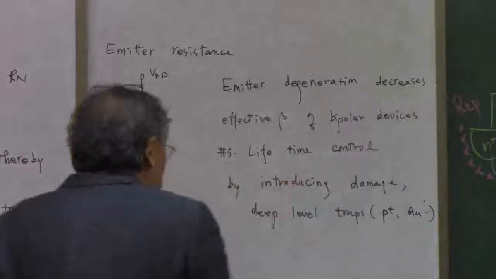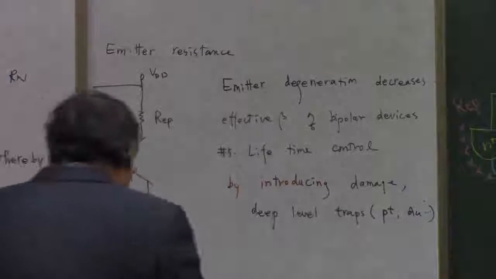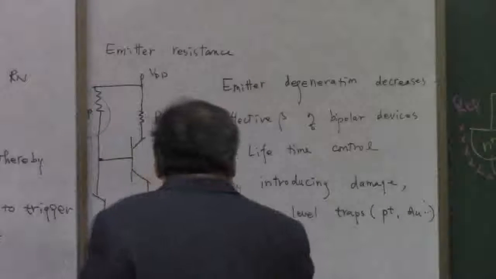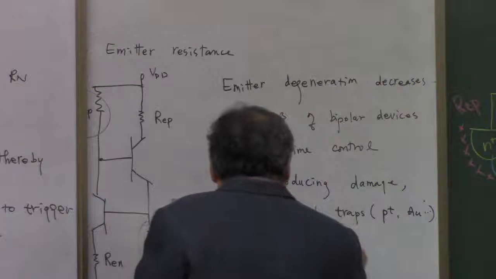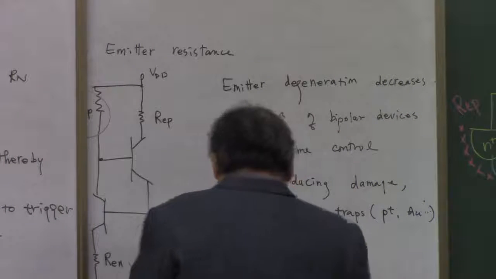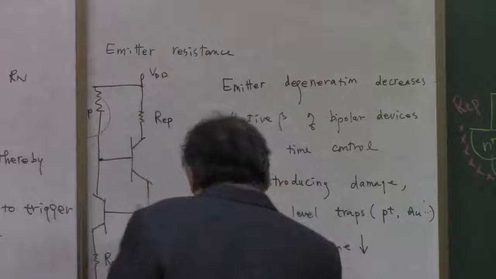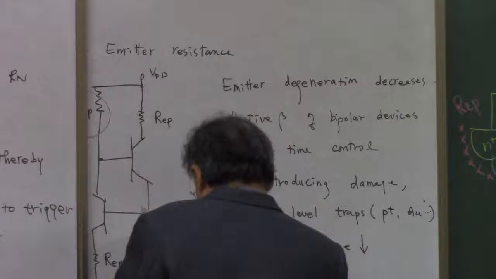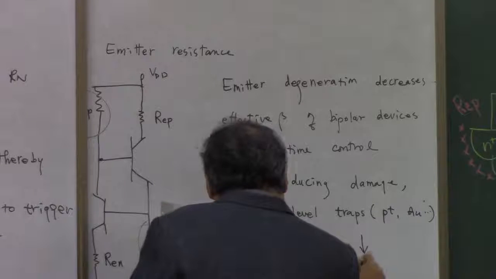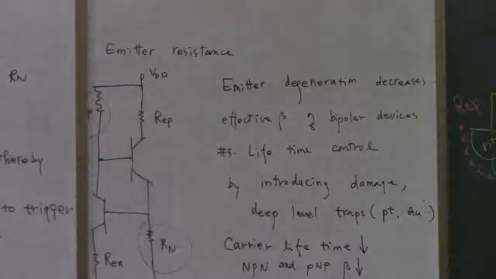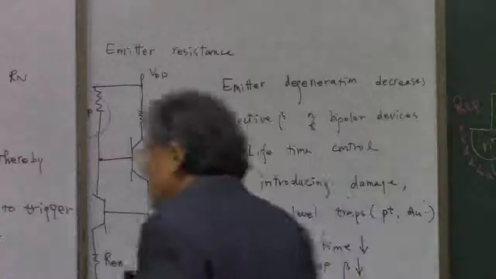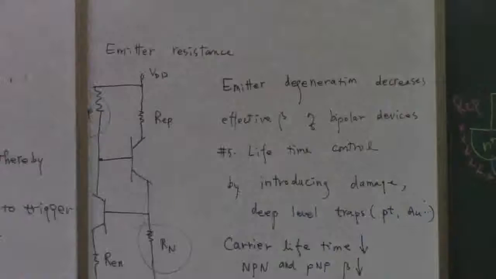We just implant those things in the device. Then carrier lifetime will decrease, so that NPN and PNP beta is going to be decreased, so that we can reduce the chance for latch up for the device.